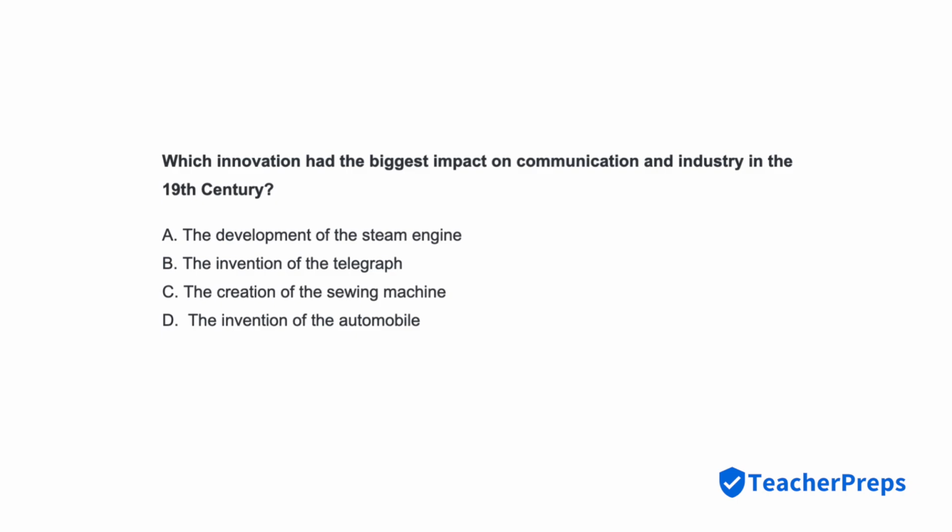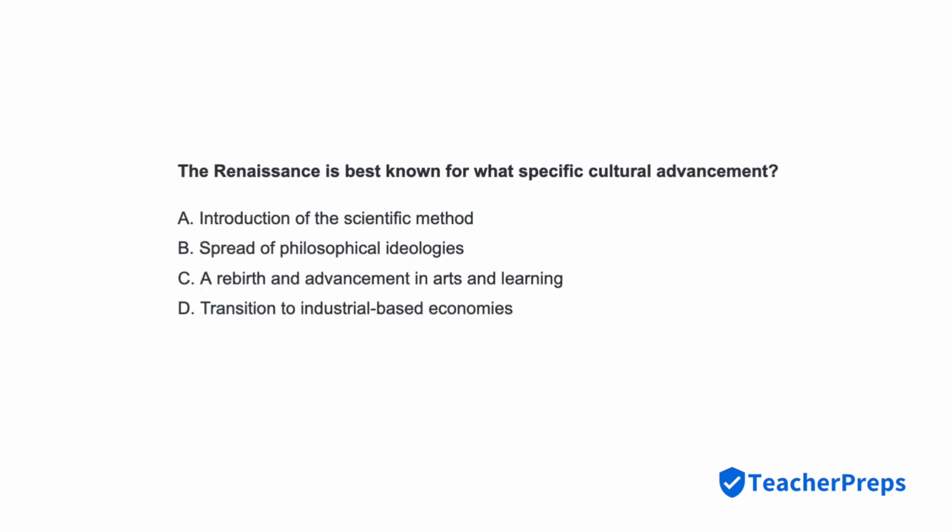Correct response? Letter B, the invention of the telegraph. The Renaissance is best known for what specific cultural advancement? Correct response? Letter C, a rebirth and advancement in arts and learning.